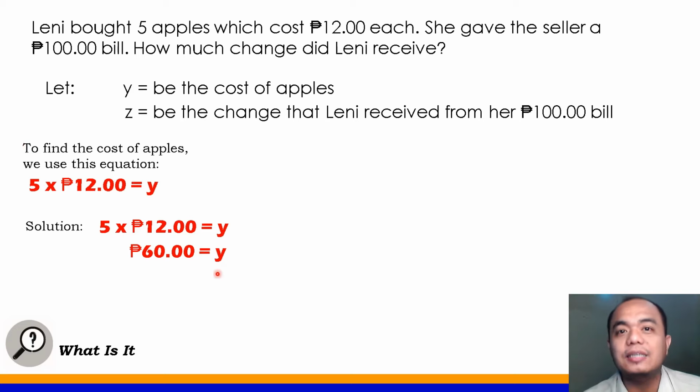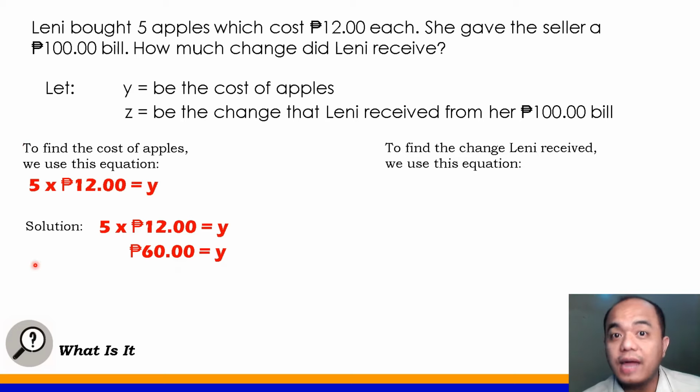So, 5 times 12 is very good. It's 60 pesos. This time, we will solve the change that Lenny will receive because alam na natin ngayon magkano lahat ang apples na binili ni Lenny. So, gagamitin natin ang equation na 100 pesos minus 60 pesos equals Z. So, Z dito ang nagre-represent ng sukli ni Lenny na kanyang matatanggap.